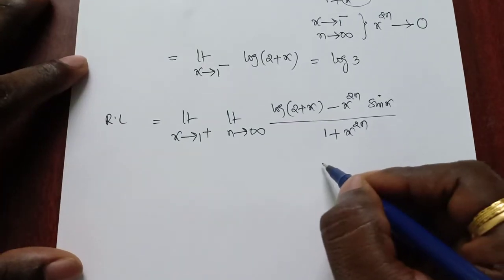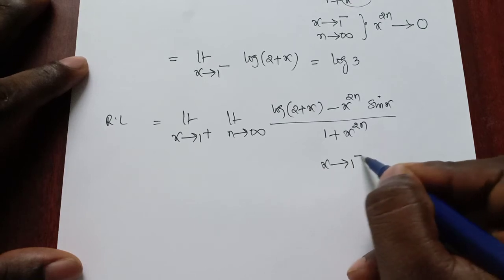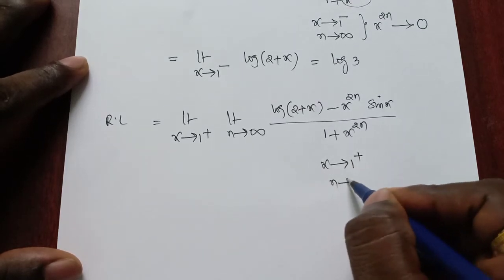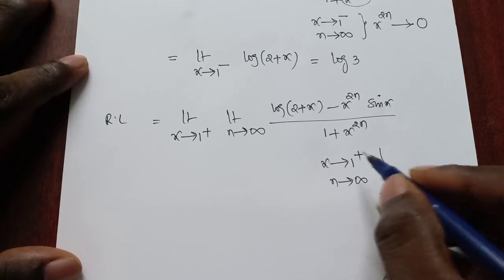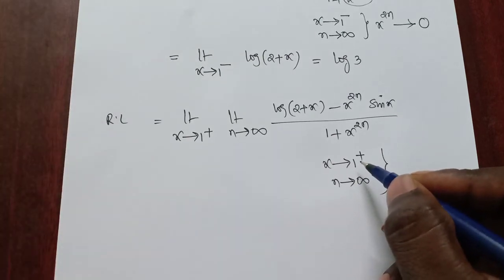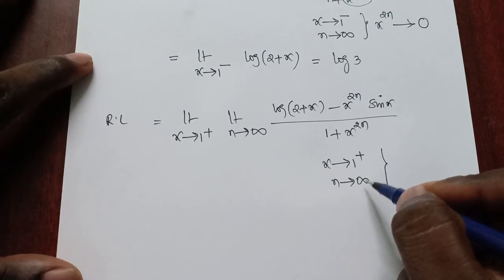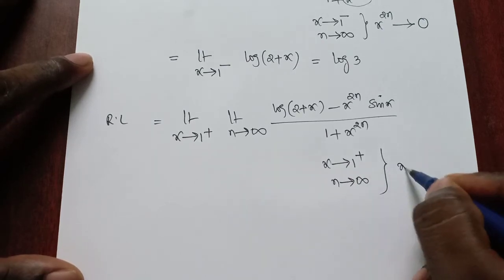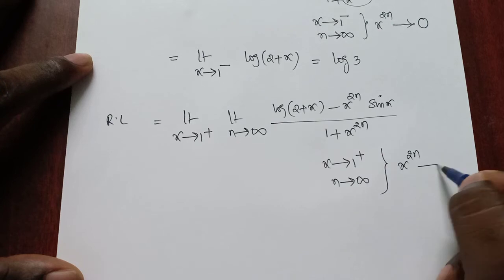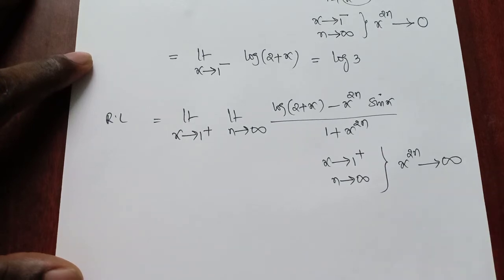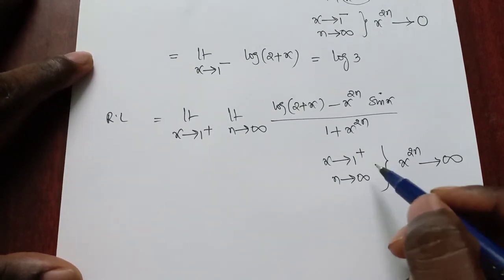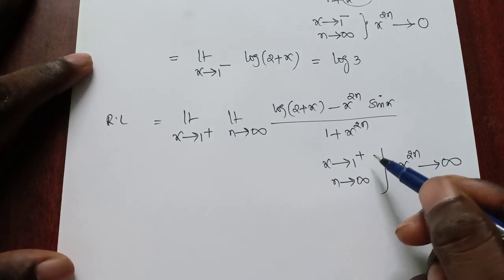The first one is x approaches 1 from the right side and n approaches infinity. So it is not a fractional value, it is 1 point something, and x power 2n approaches infinity. Why? Because it is 1.00 and so on something.